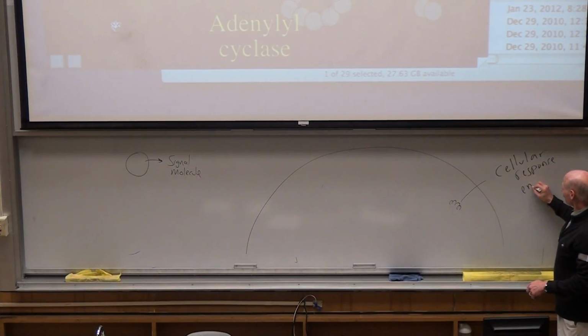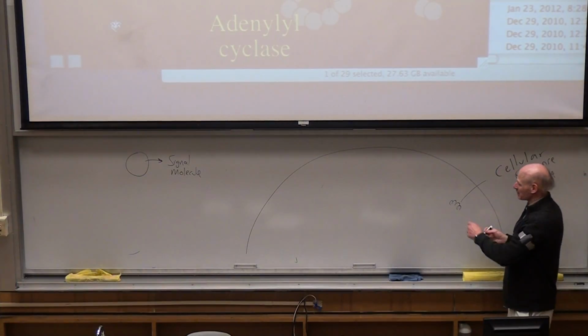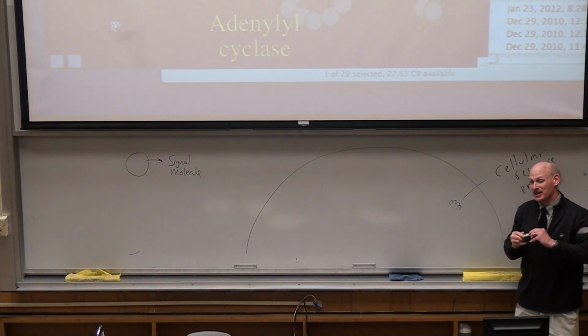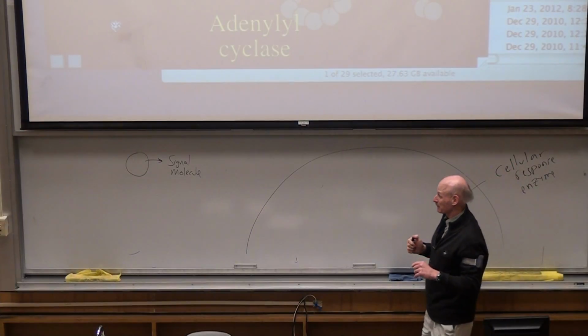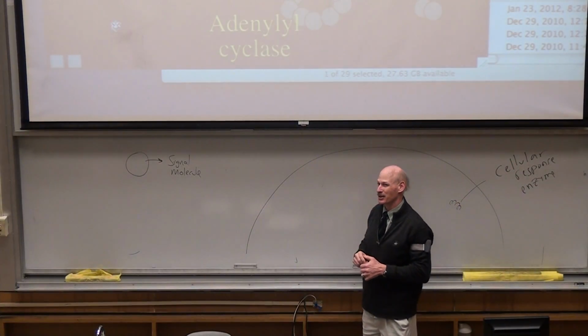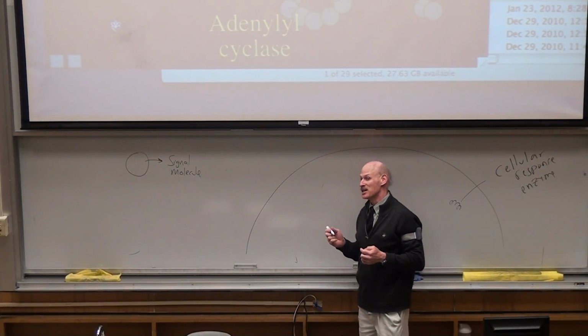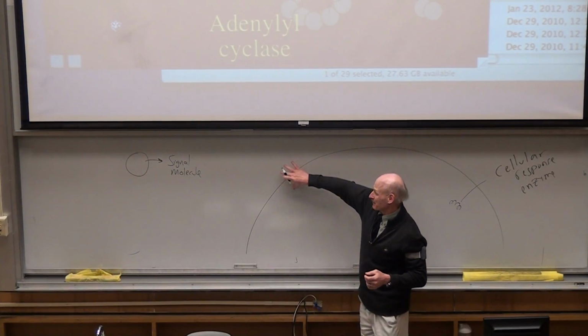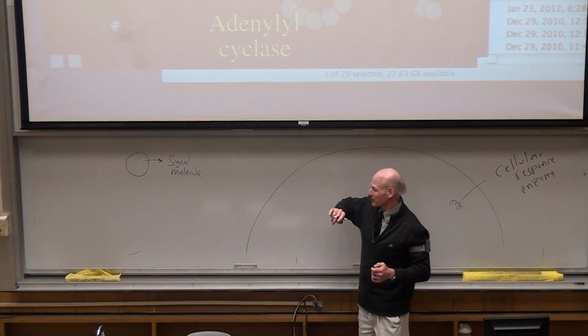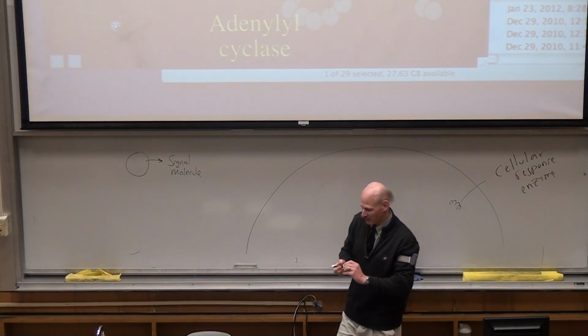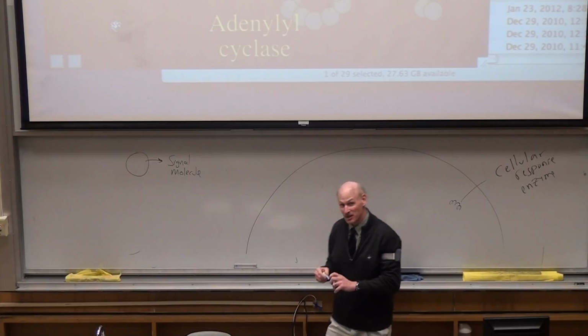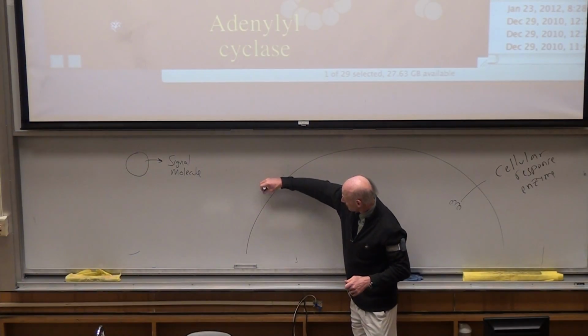And anyway, there are three major families of these receptors that start the signal transduction process. We talked about tyrosine kinase family of signal molecule receptors. And we finished off last time talking about the G protein linked receptor family of signal molecule receptors. And let's review that one. In these G protein linked receptors, there's a receptor for the signal molecule.